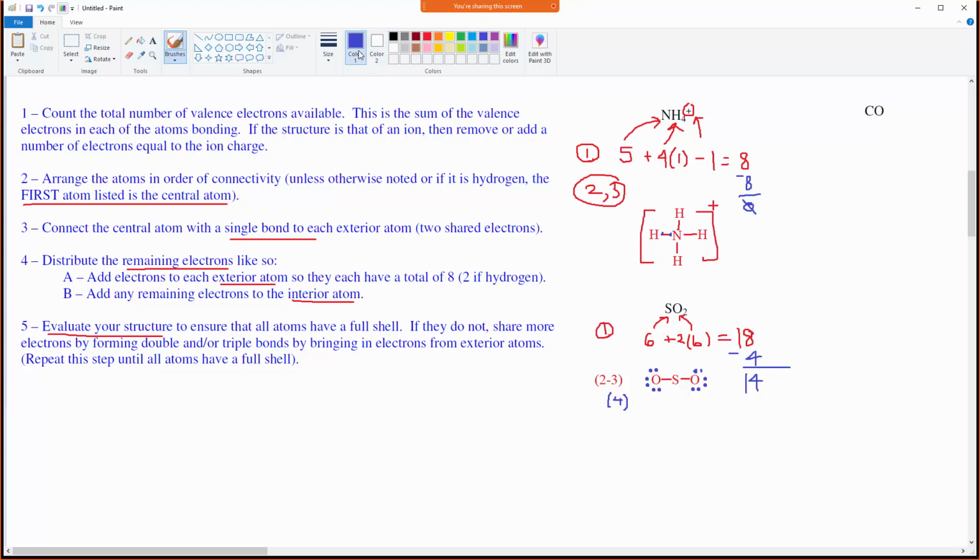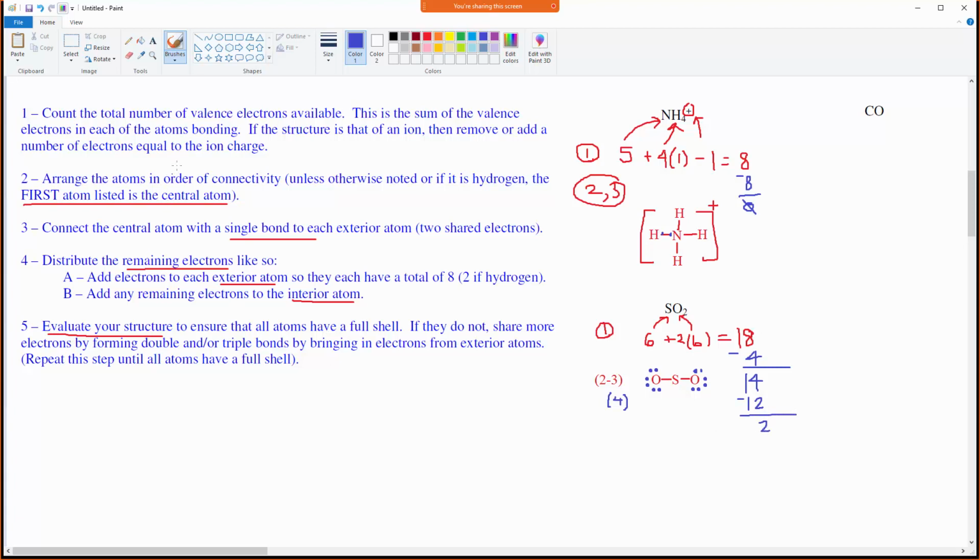Great. Okay, how many electrons have I used to put a full shell around each exterior atom? Just for this portion, just for step 4A, how many did I use? I used 12, right? 6 times 2, I used 12. So how many do I have left? I've got 2 left.